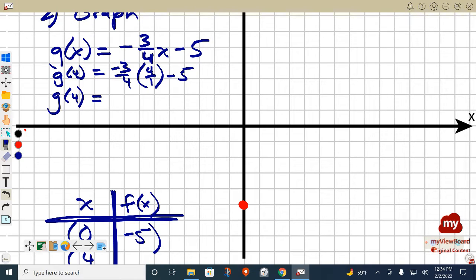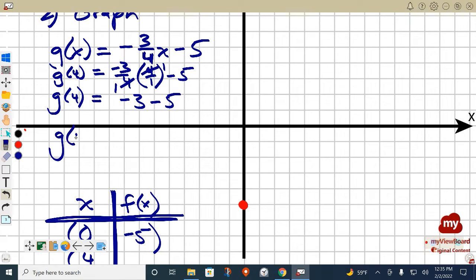Look at the 4s, they cancel out, my bad. That becomes 1, that becomes 1. So I really have negative 3 times 1, which is negative 3, over 1, which is negative 3 minus 5.